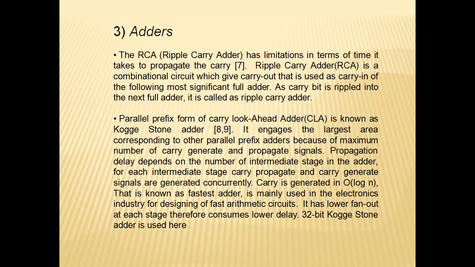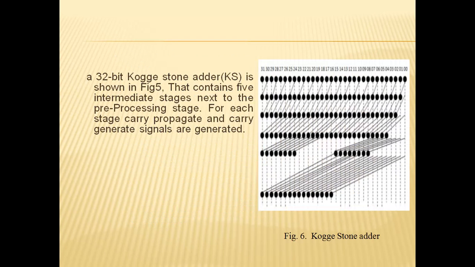Carry generation takes only log n stages, so it is known as the fastest adder and is mainly used in the electronics industry for designing fast arithmetic circuits. It has lower fan-out at each stage, therefore lower delay. Here is a picture of the 32-bit Kogge-Stone adder, and as I said, it has the highest area and least delay. This is the basic property of the Kogge-Stone adder.